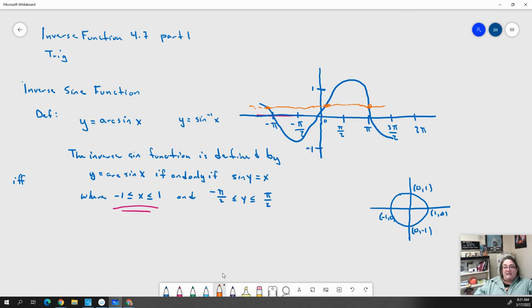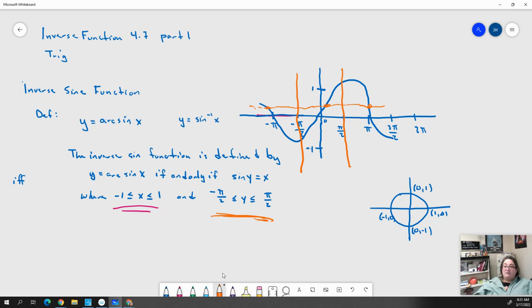But if we look at it on an interval, and this is the interval that we want to look at, if I were doing it just from here, so -pi over 2 to positive pi over 2, if you look at that section, it does pass the horizontal line test, right?